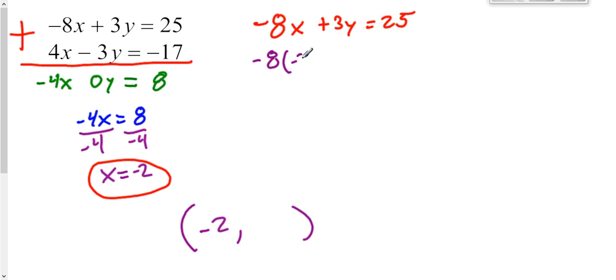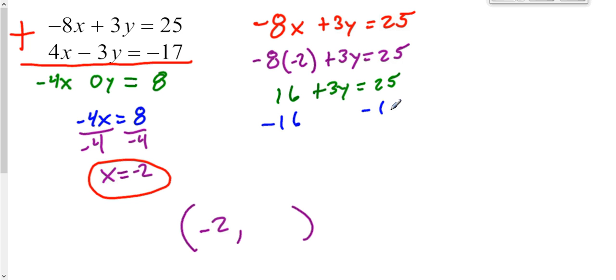I'm going to plug in negative 2 for x because that's what we just found. It gives us 16 plus 3y equals 25. We subtract 16. It gives us 3y equals 9. Divide by 3, and y is 3.